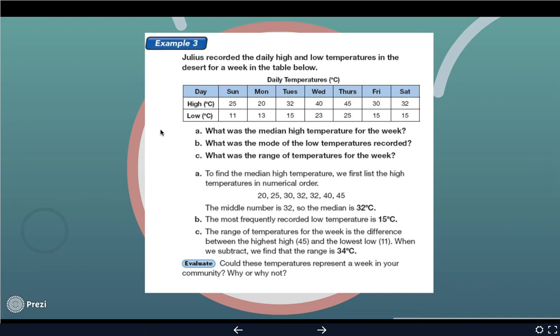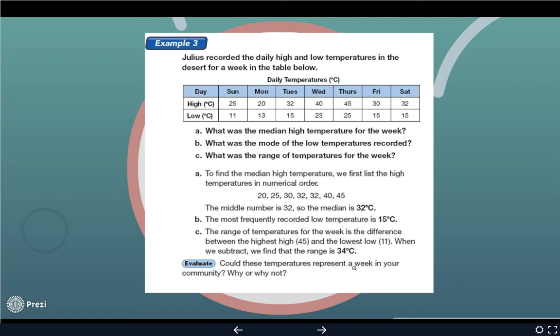The high is 45 degrees, and the lowest low is 11. So 45 minus 11: 5 minus 1 is 4, 4 minus 1 is 3, so you have 34 degrees Celsius as your range.